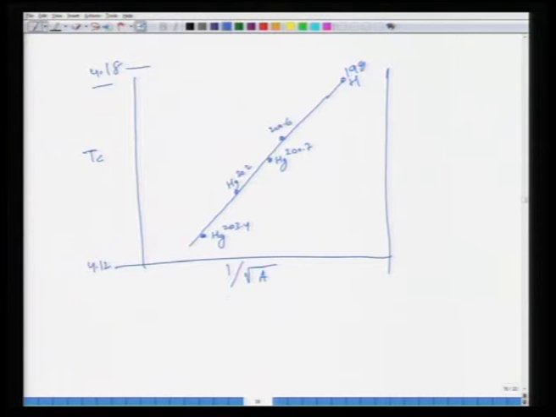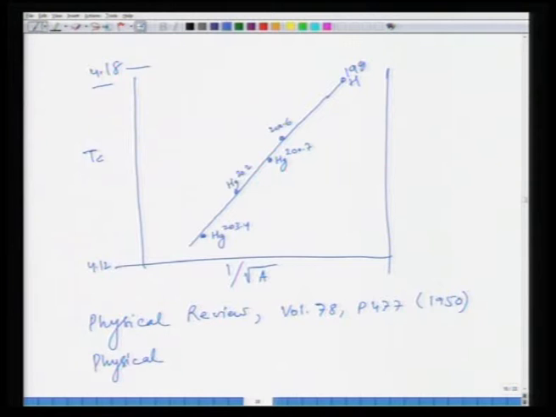And if you want to know about this, you can go to this reference in Physical Review, volume 78, page 477, 1950, and then another one, Physical Review again, volume 78, page 487, again in 1950.